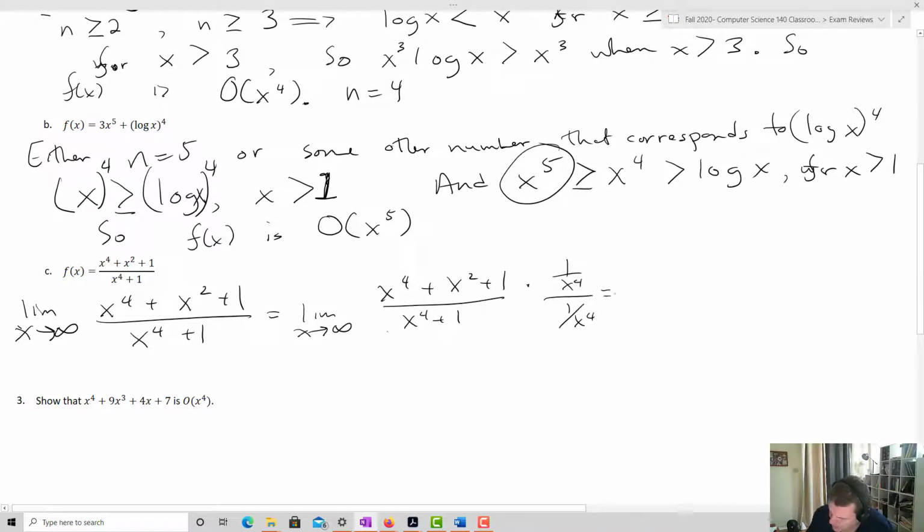So this ends up equaling 1 plus x squared over x to the fourth plus 1 over x to the fourth, divided by x to the fourth plus 1.